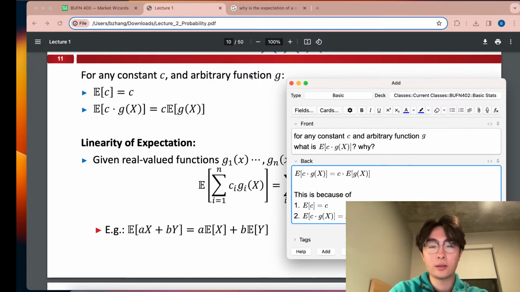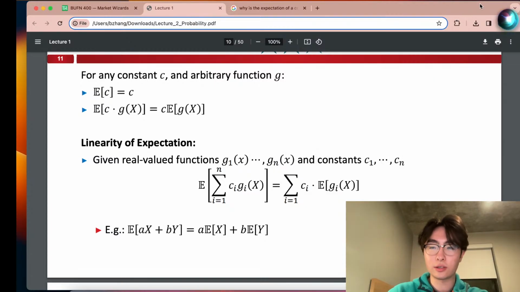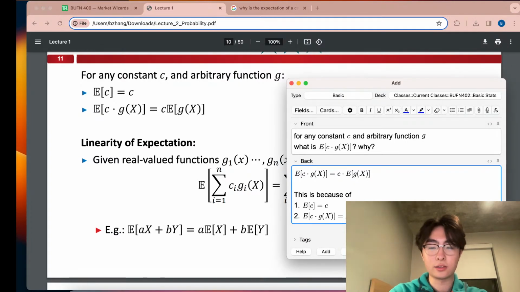Okay, so let me think about it. When you're taking the expectation of something, a very broad idea is that you're taking the weighted average. And so because the expectation is simply a linear function, we can treat the expectation as a linear function.